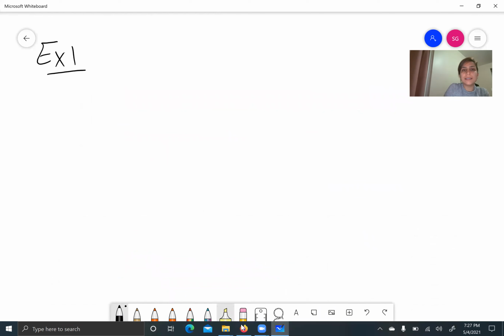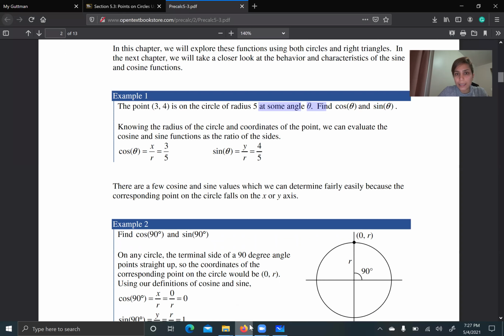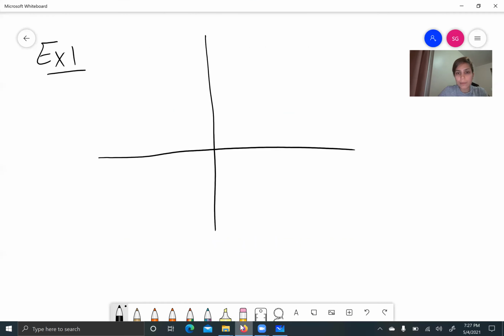So I'm going to draw it, because this is the beginning. If I draw it, then you have a better sense of what the radius is. Radius 5. So let me first draw a circle of radius 5. Okay, 1, 2, 3, 4, 5. Roughly I draw a circle.